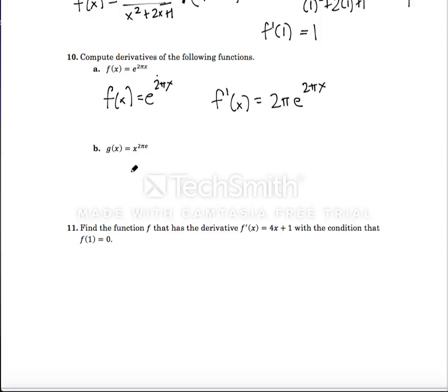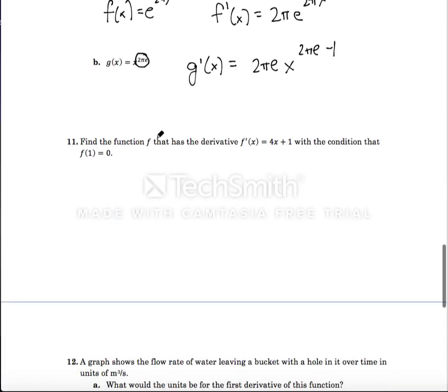The same thing is actually kind of true for g. I'm really just taking a look at this x to the 2 pi e and thinking of it as reducing the power by 1 and making that my coefficient. So I actually end up with g prime of x being equal to 2 pi e, because that is a constant, times x to the 2 pi e minus 1.